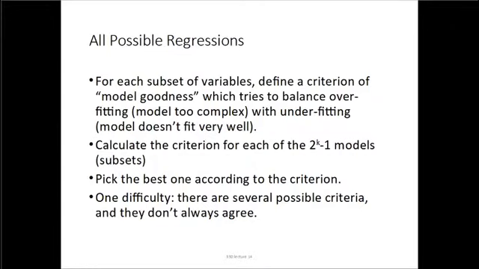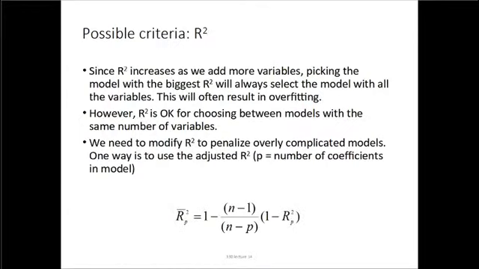This way you can actually see all possible models, and it gives a lot of insight about the models, but the problem is that it's very time consuming and computationally intensive. And what criteria will you be using? Well, you can use R square. In regression, R square is a very famous metric used to assess how good the fit is, the goodness of fit as you call it.